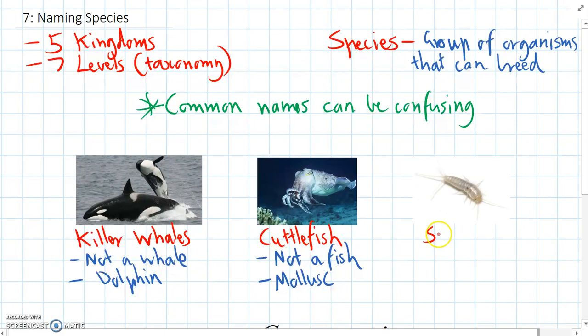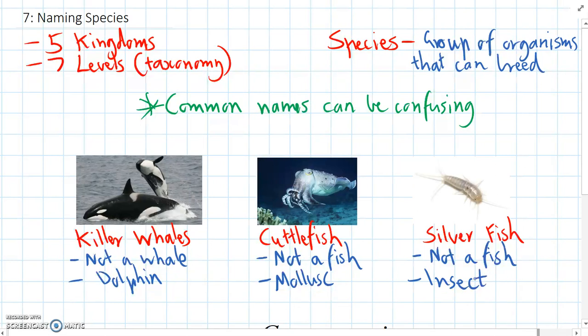And this thing here is called a silverfish. They often live indoors and they like to eat old clothes and bits of material, but they're not a fish either. So again, the common name is confusing because really they're a type of insect.